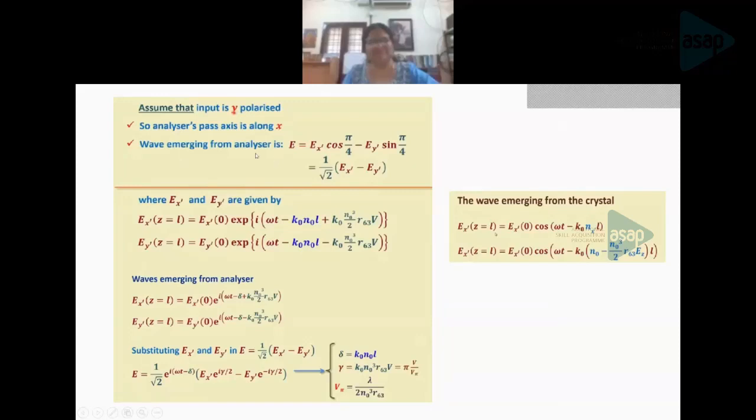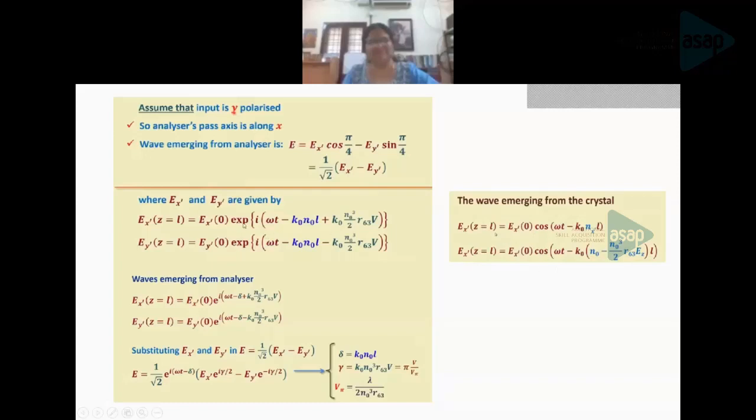Now, the emerging beam from the analyzer can be written as this resultant electric field equation, which is Ex prime cos pi by 4 minus Ey prime sin pi by 4. We have already seen the equation for the emergent wave at Z equal to L. The same equation we are using here. Instead of cos, we write it exponentially, using the complex term.